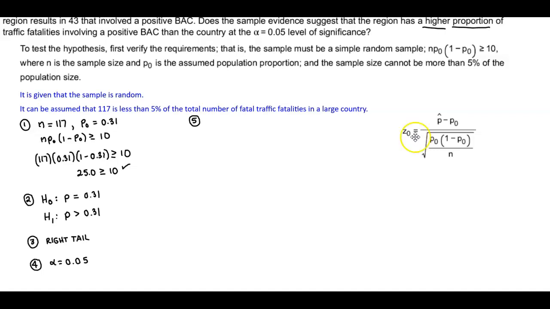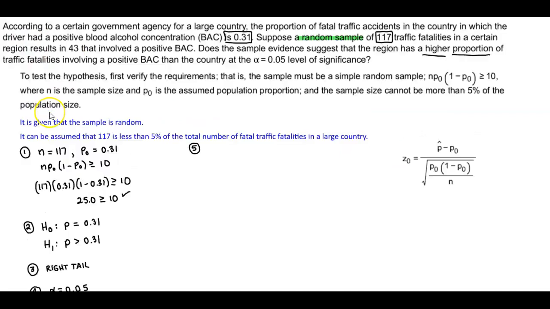In order to find that, we need to figure out what this other information is. So this is the point estimate. We have our population proportion, and then we have our sample size of n. So let's go back up here. Again, what it's saying is that suppose a random sample of 117 traffic fatalities in a certain region results in 43 that involved a positive BAC.